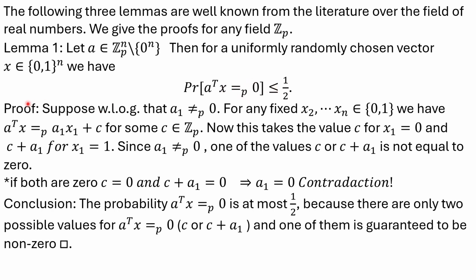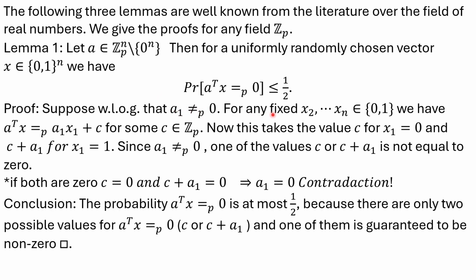Proof. Suppose that A1 is not 0, because we said A is not the all-zero vector. So it has at least one entry that is not 0, suppose it's A1.